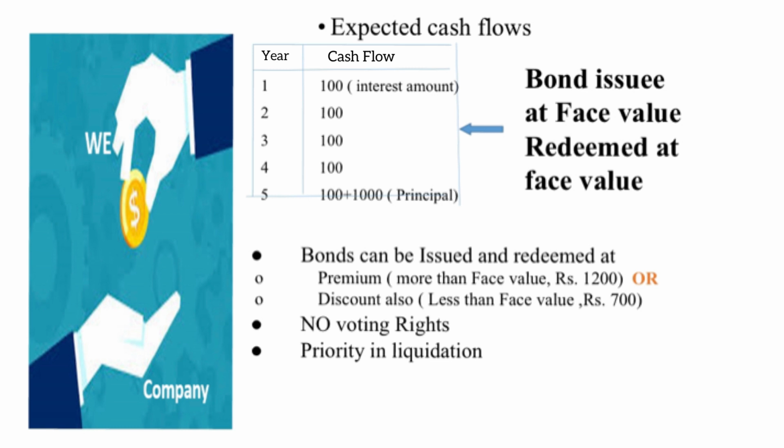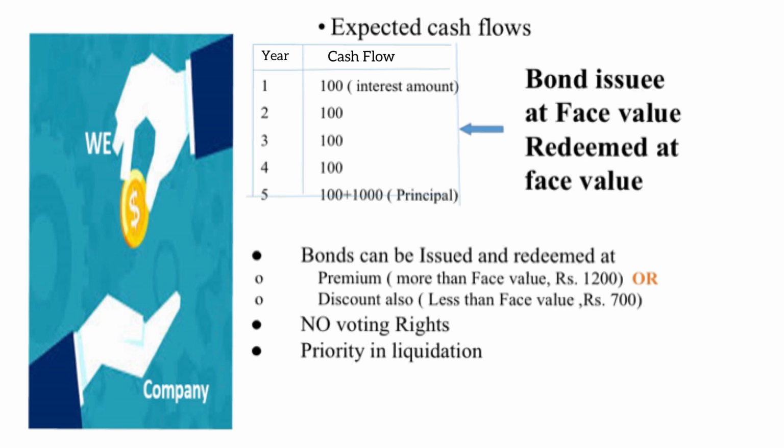Now let us go back to the face value of 1000 as per our example. Now if the company is issuing the bond at more than face value, for example more than 1000, I'm taking the amount as 1200. So if the company is issuing or selling the bond at 1200, whereas the face value is just 1000 rupees, then we say that bonds are issued at premium.